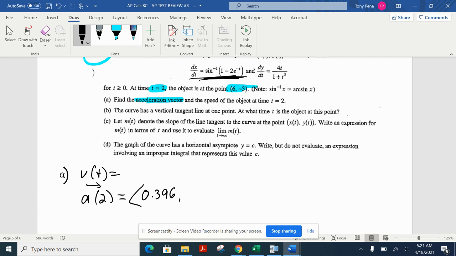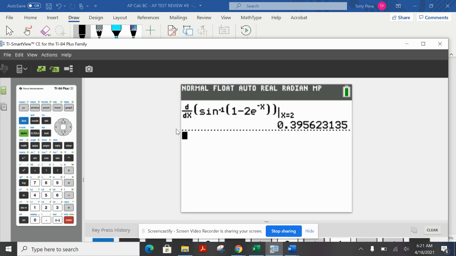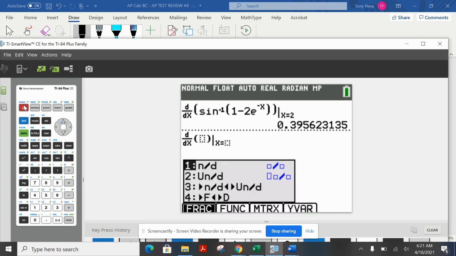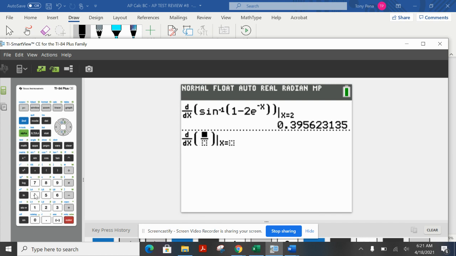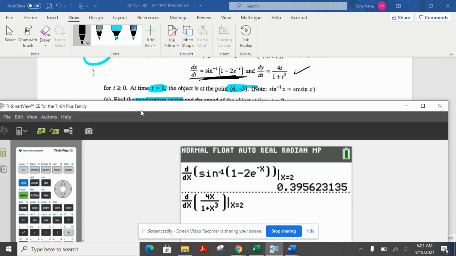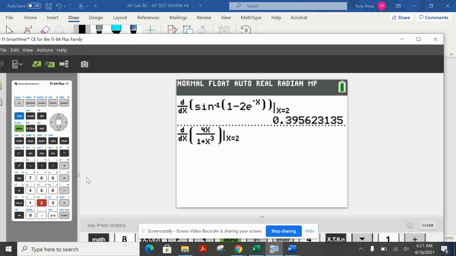And then now do the same thing with this one, 4t over 1 plus t cubed. Enter negative 0.741.